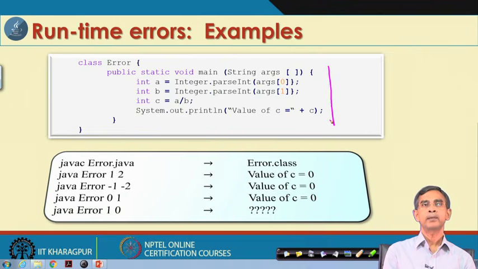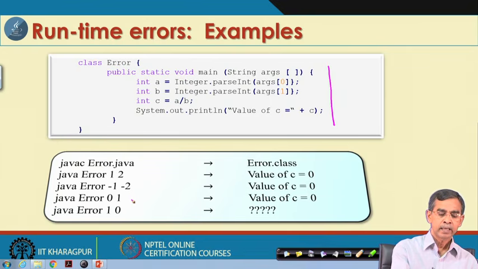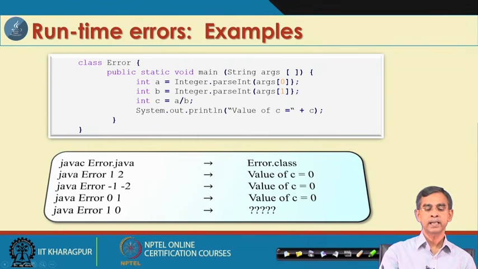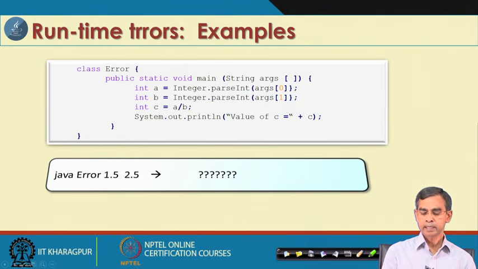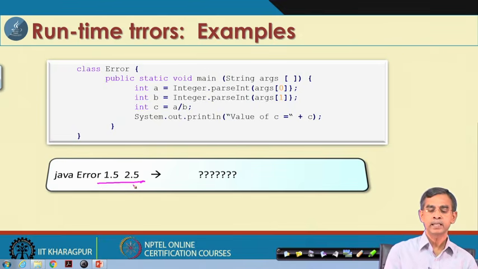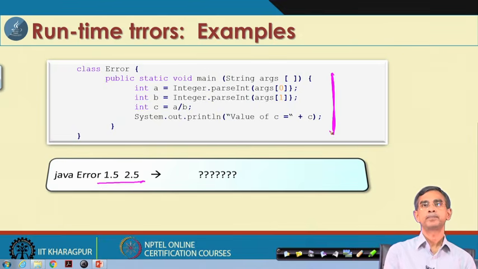But if you try to run this program, all these inputs will be taken successfully and there will be no error. But there may be a runtime error whenever we give some other input in the same program. For example, if we give this input, then you will see this program reports an error.